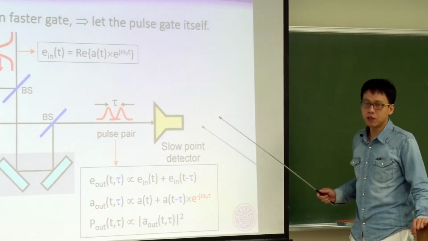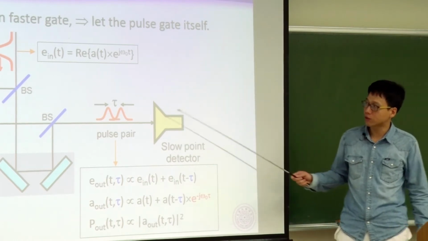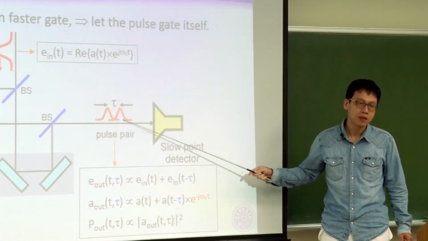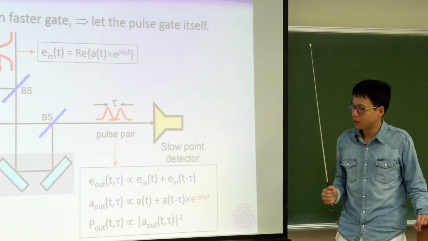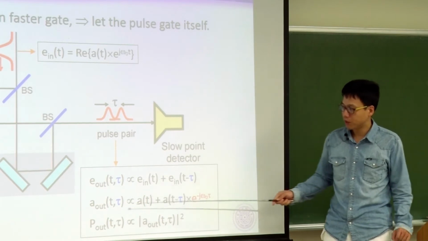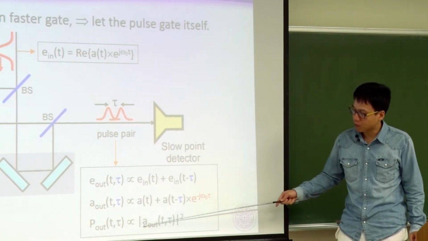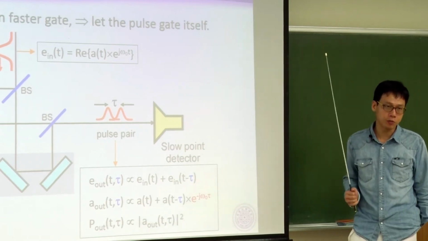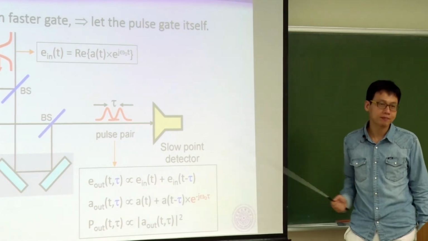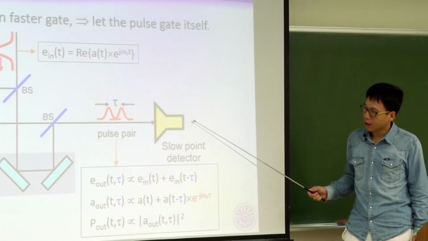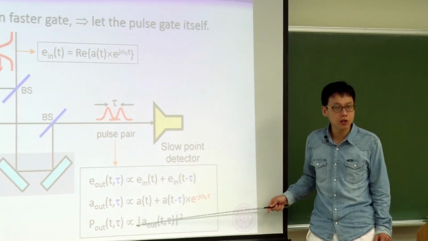But as I mentioned, we can only have a slow point detector to measure the output pulse pair, right? So we have to calculate the laser power first. P means laser power. It's proportional to the absolute square of the envelope function, A sub out of t and tau, right? But can this slow point detector directly measure this function?